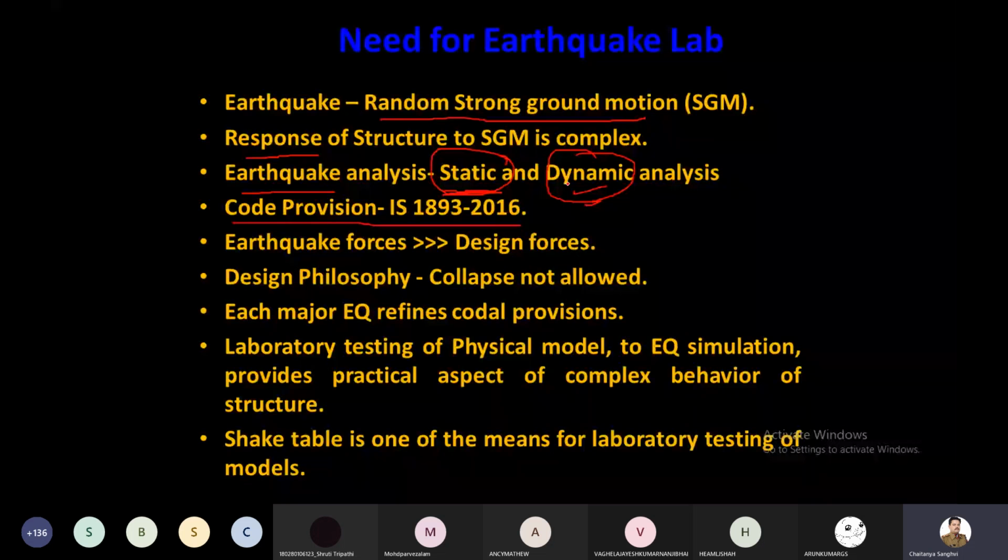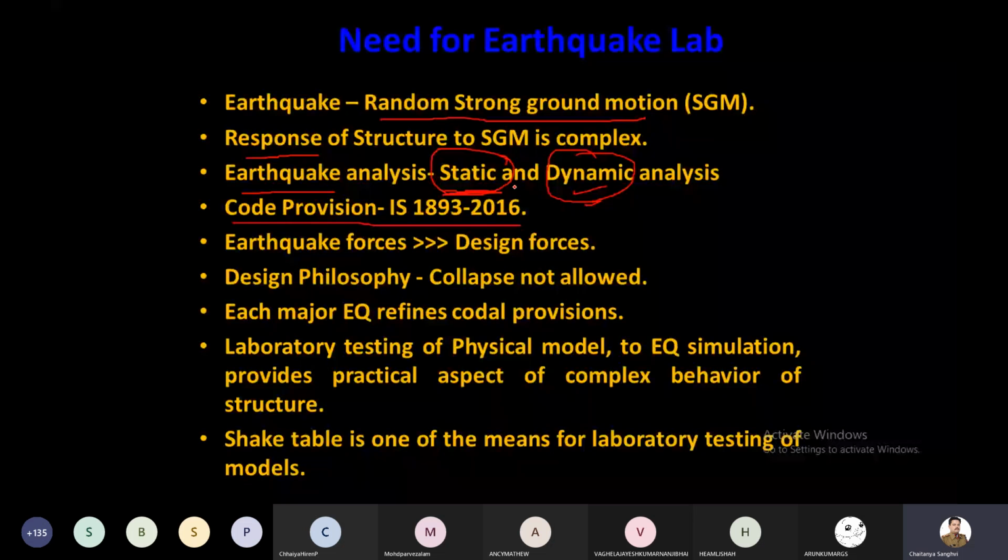So the code has given both the options. If you are good enough in dynamics, then go for the dynamic analysis, and it will give you economy to the project. And suppose you are not doing dynamics, then go for the static procedure. That is the seismic coefficient method. This is a code-based procedure. Follow that, but it is conservative, right?